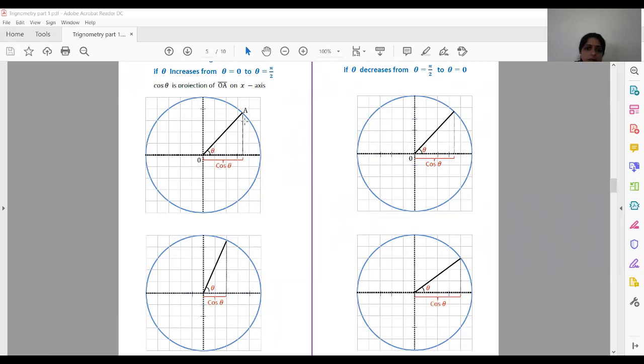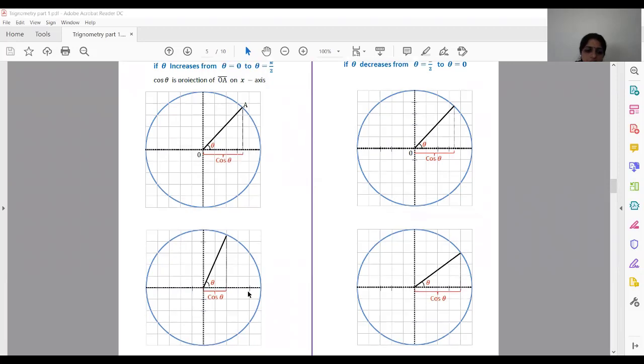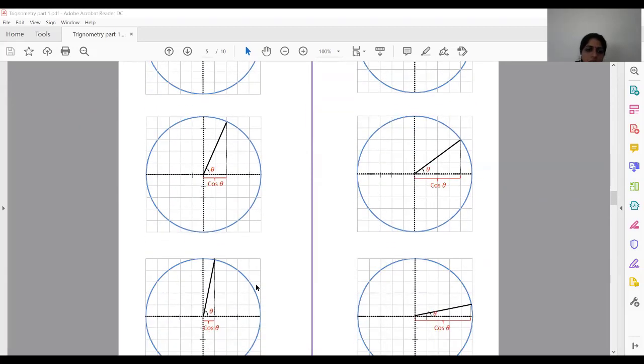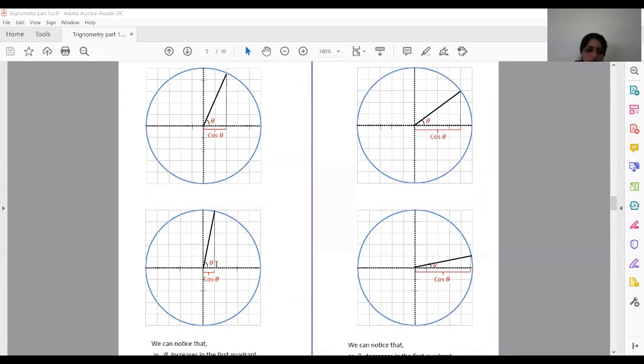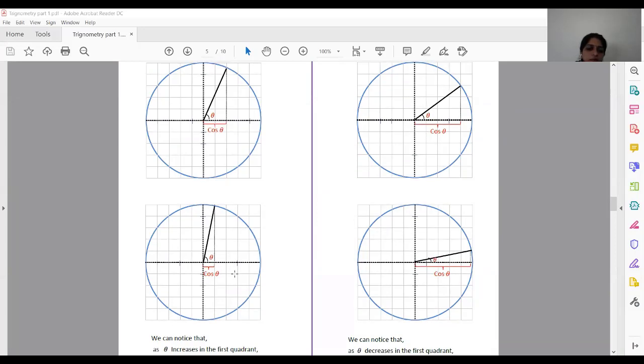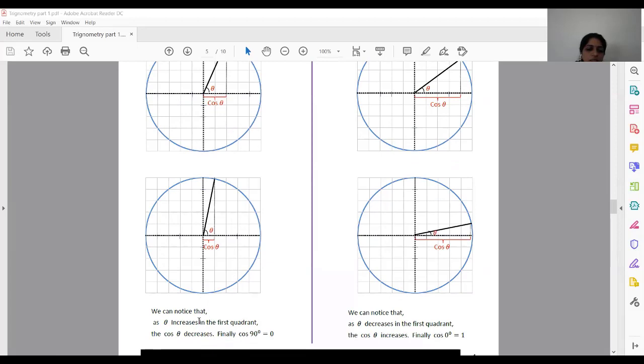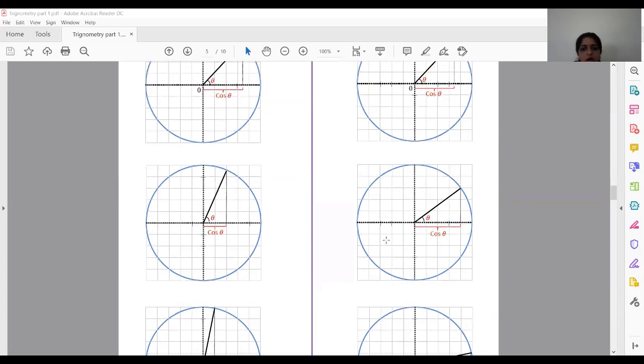At that time, the value of cos theta decreases. We'll check with one more figure. If I increase the value of theta more, then the value of cos theta decreases accordingly. So we can notice that as theta increases in the first quadrant, cos theta decreases, and finally cos 90 will give answer 0.